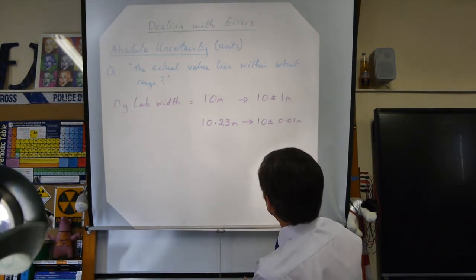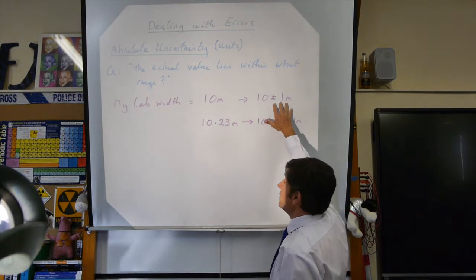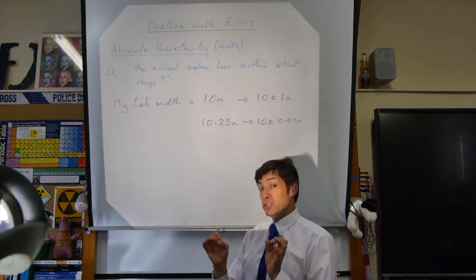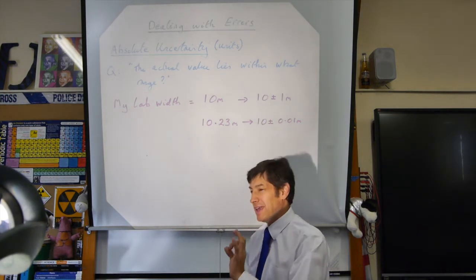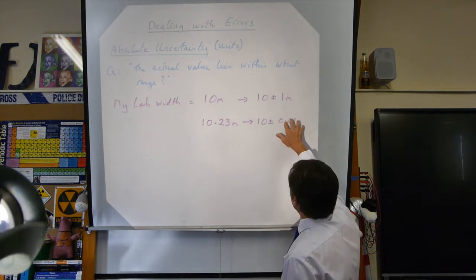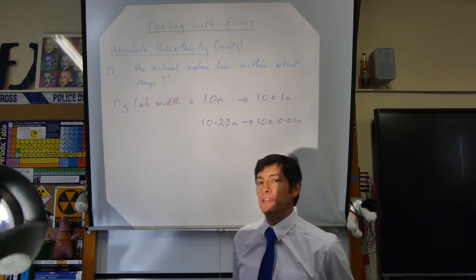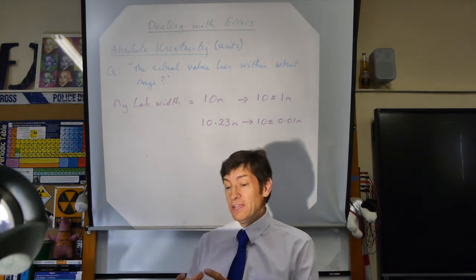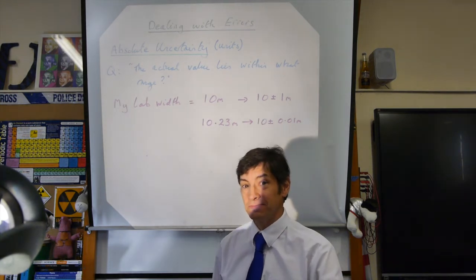So that's a start at looking at absolute uncertainties, the fact that we can quote the range in which the real value is known to lie, even though we don't know it accurately. And here, the absolute uncertainty gives us how much variation there is between our measurements and where the actual measurement lies.